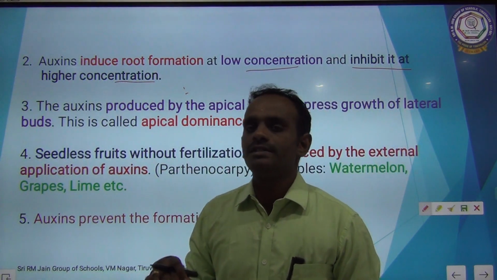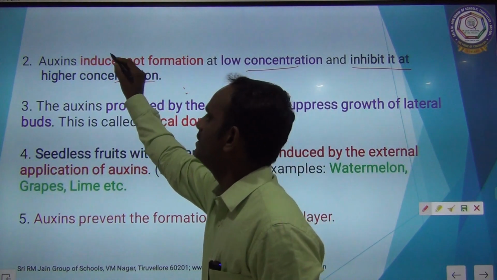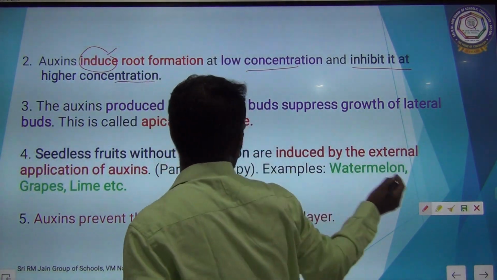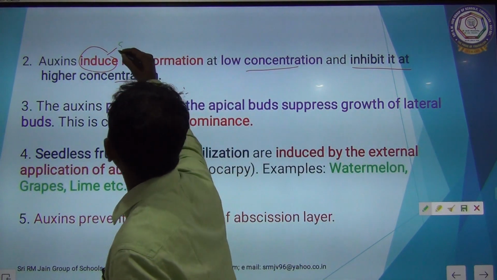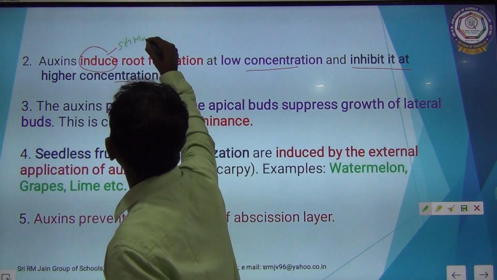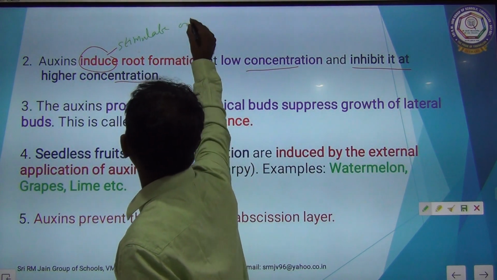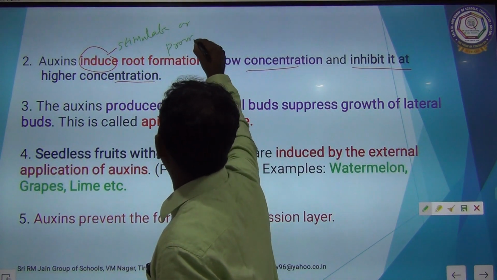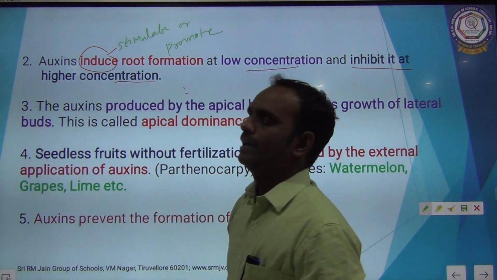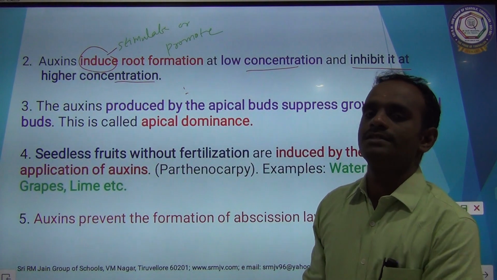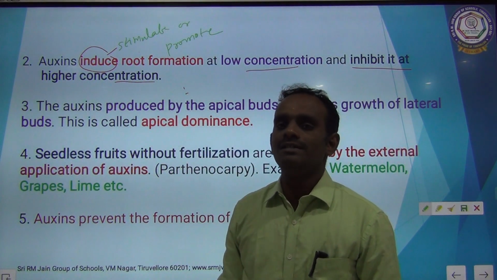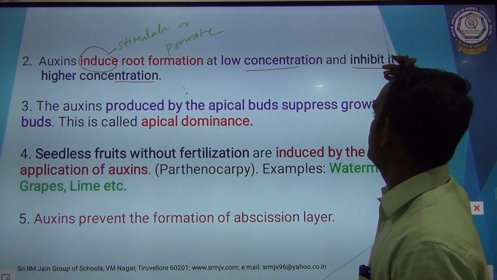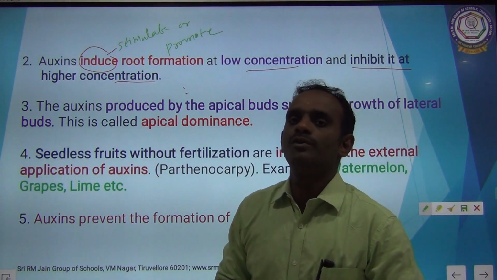When it is low concentration, it induces, means stimulates or promotes. So when the level of auxin is in low concentration, it promotes root formation. If the level is increased to high concentration, it inhibits root formation.